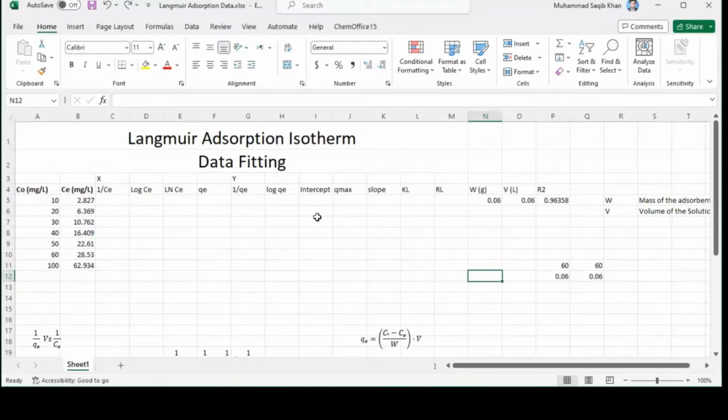Then the other adsorption models like Halsey, DR, Temkin, and Fromkin, all the isotherms we will discuss in this lecture series. So let's start our lecture about fitting data into Langmuir adsorption isotherm.